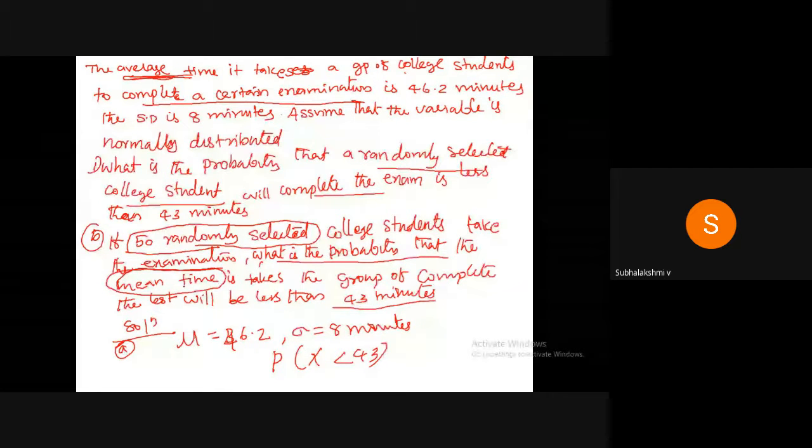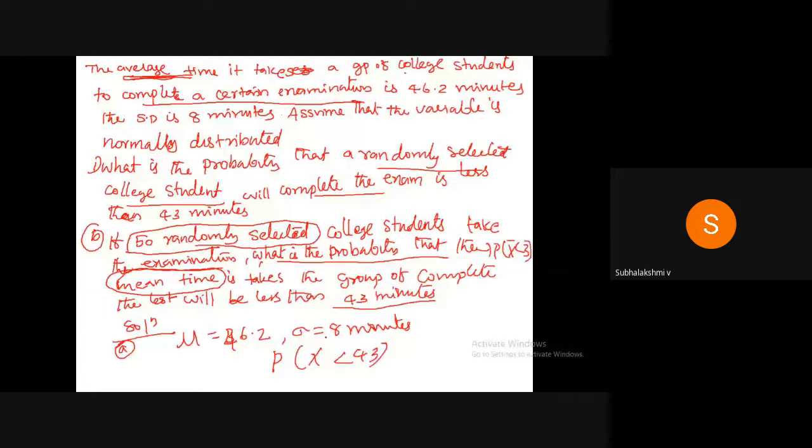The mean time means the sample mean. The sample size is n equal to 50, and the sample mean is x bar. So we can find the probability of x bar less than 43.